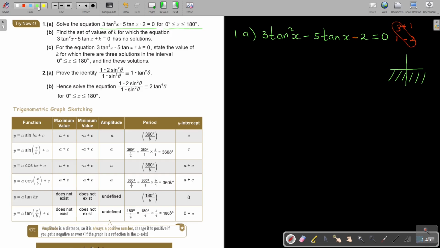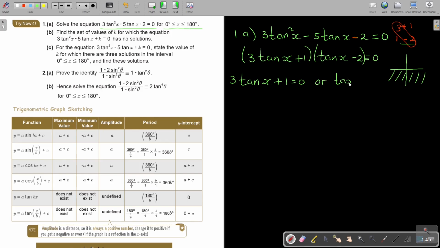And then if I write it, I'm going to say 3 tan x plus 1, and then tan x minus 2, and that is going to be equal to 0. Okay, so I break it up. So it's 3 tan x plus 1 equals 0, or tan x is equal to 2.